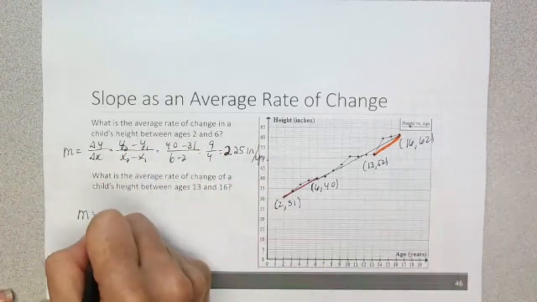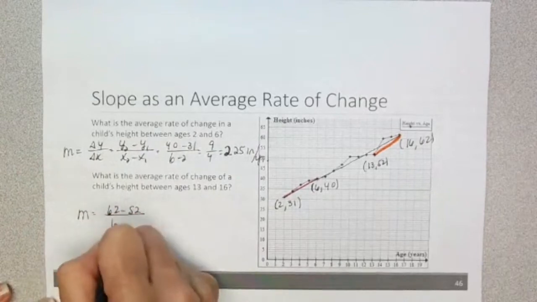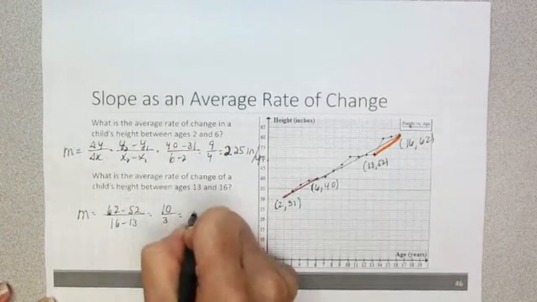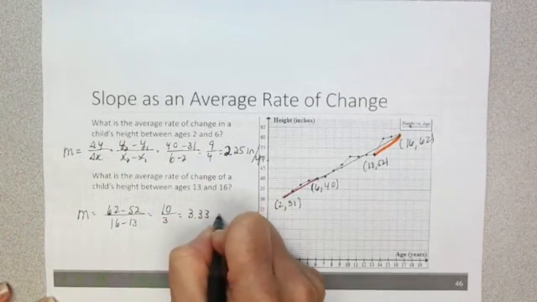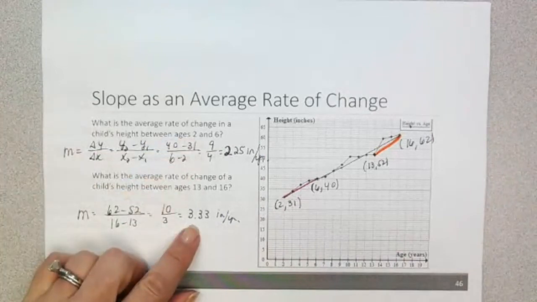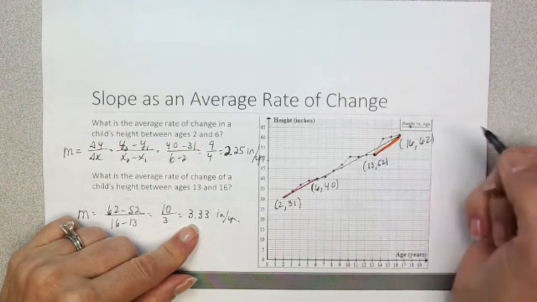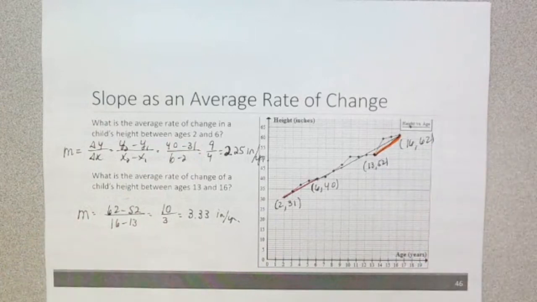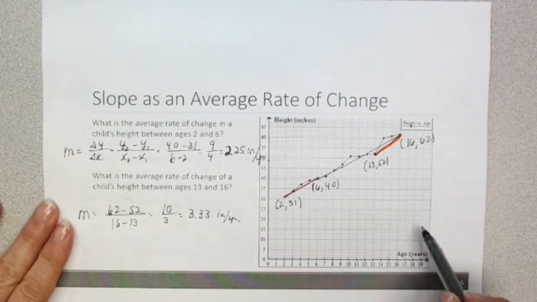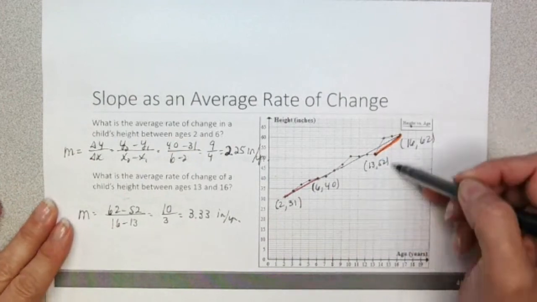So the slope, 62 minus 52 over 16 minus 13, is 10 over 3, or about 3.33 inches per year. So a larger slope means it gets steeper between the ages of 13 and 16. And that makes sense, doesn't it? Because in puberty, most children take a growth spurt, right? And you can see by the data here, there was a big growth spurt between the ages of 13 and 14.